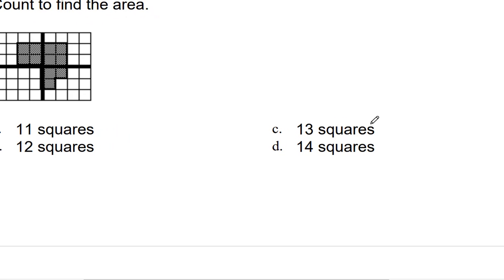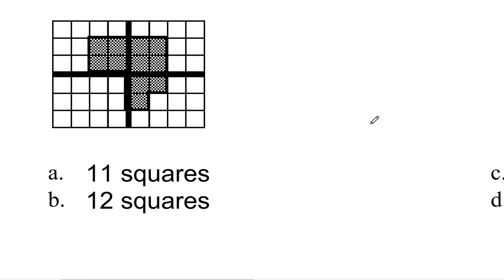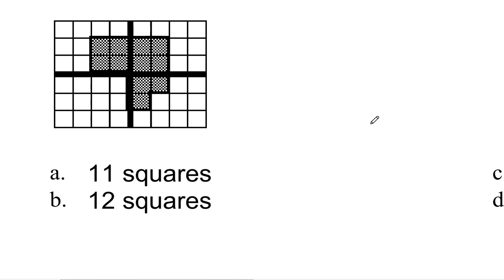Okay, you just need to count the squares that are covering the shape. Count the squares and tell me the number. Quickly, Abdurrahman. I will help you. 1, 2, 3. Yes, it's 11. So the answer is 11 squares. Okay, Abdurrahman, any more problems?